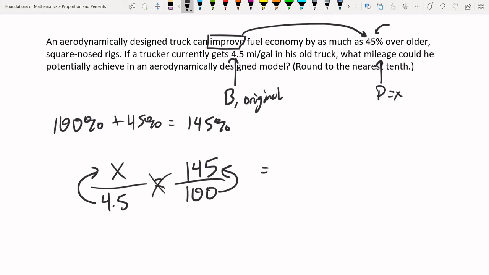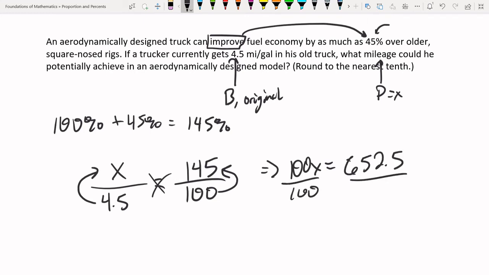Cross multiply and divide. 145 times 4.5 is 652.5, and divide by 100. Giving us 6.525. It says round to the nearest tenth here, which is this space right here.